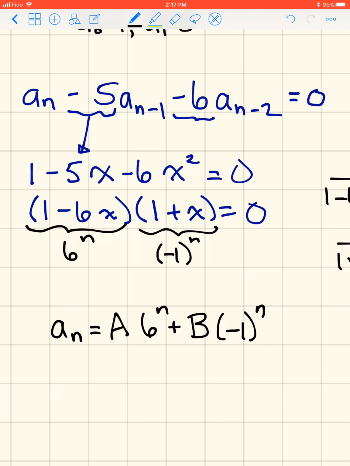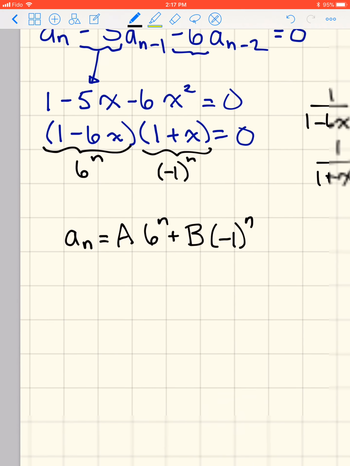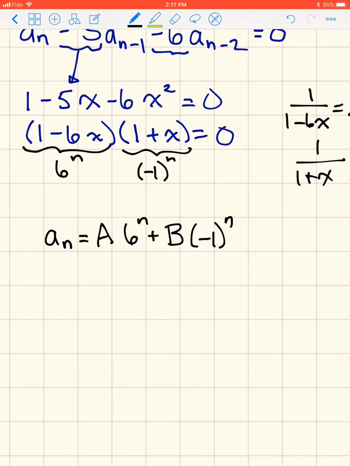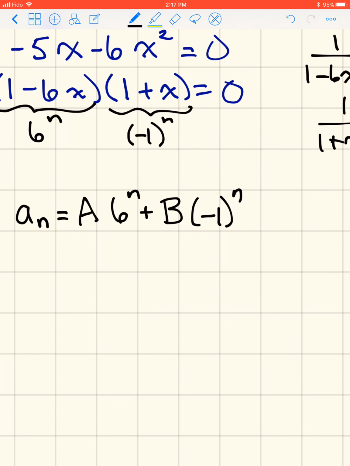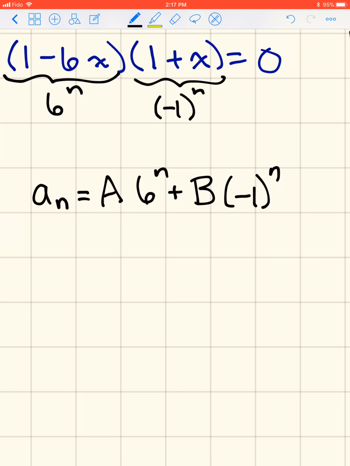And now we have two pieces of information given to us that we haven't used yet, the a_0 and the a_1 values. So, like Chekhov's gun, if a piece of information was given to you, the question is not done until you've used it. So we'll substitute in. We have that a_0 is 1, and when we substitute, we have a_n, which is a_0, is 1.